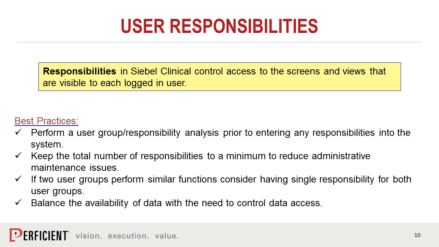Payments are located on their own individual views and modules within the application, so these responsibilities can be used to limit that visibility. It's important to balance the availability of up-to-the-minute data with the need to keep tight controls over that data access. So only users with a legitimate need to access the data should be provided authorization to those specific views and records.